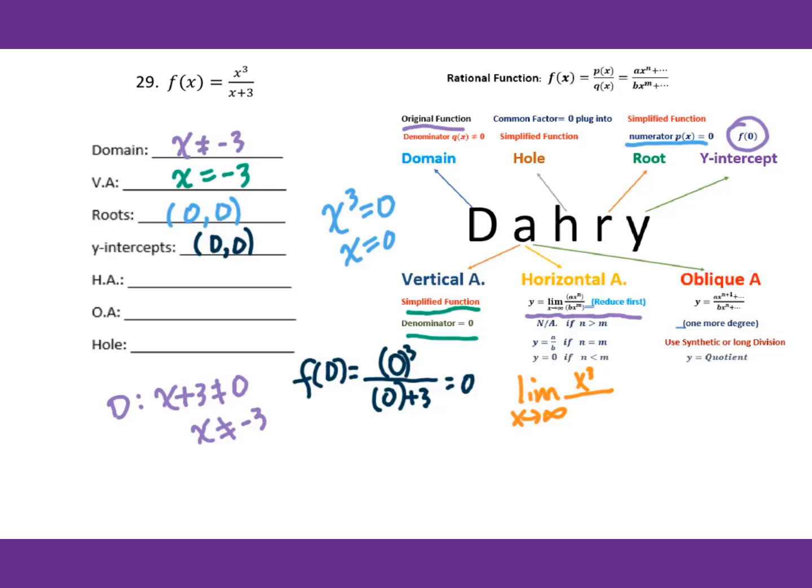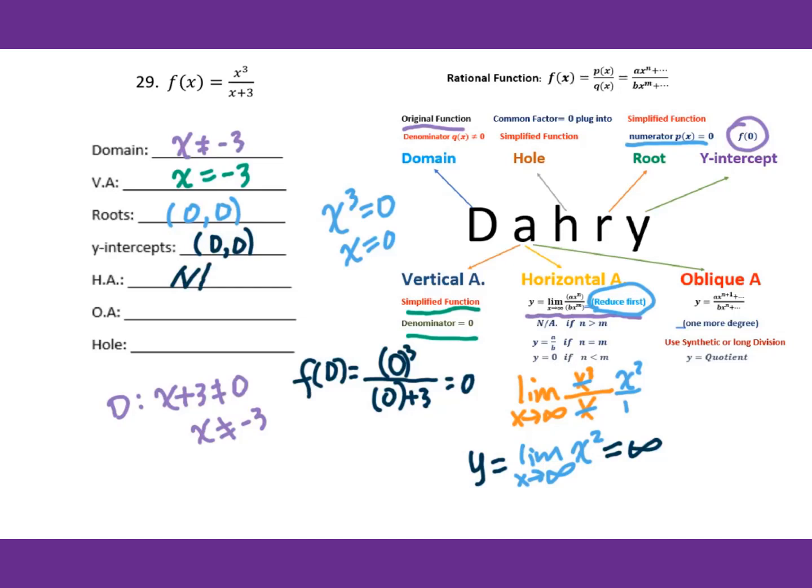Leading term for denominator is x. Reduce first. Therefore, we get x squared over 1. That is the limit as x approaches infinity of x squared.